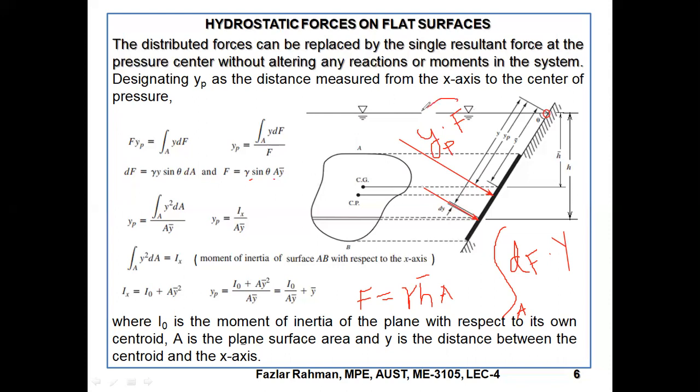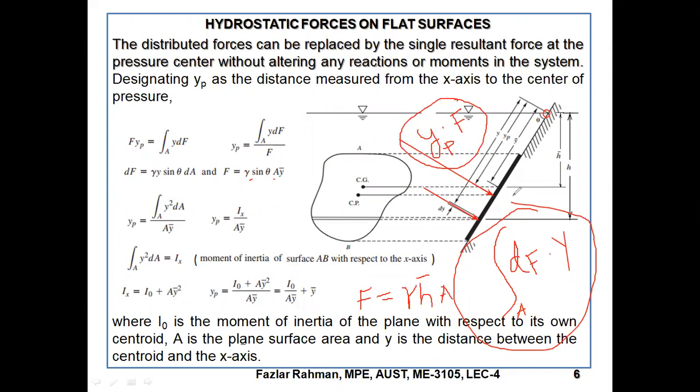So this one and this one, do they have to be the same or different? Anyone? Both have to be the same. If they don't come out the same, then we cannot figure out the total force. So how did we figure out the total force F? We first think that the whole plate area is divided into very small segments.